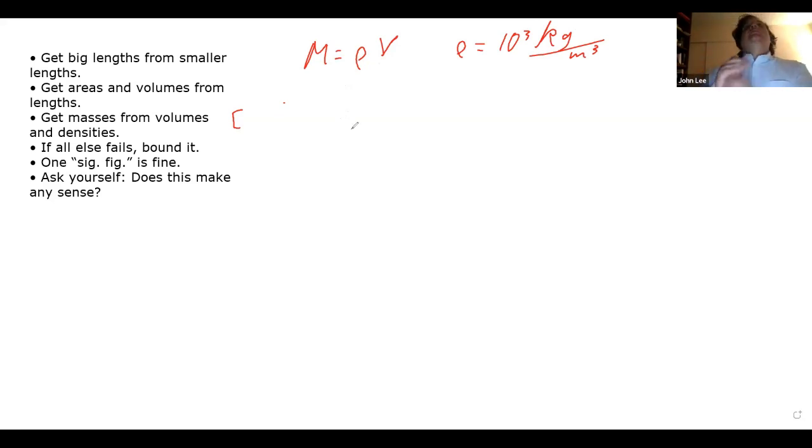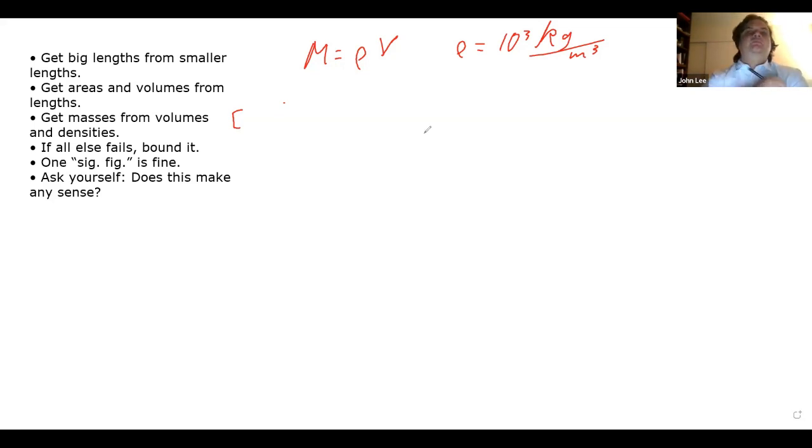What this means is that we just need to get the volume in order to get the mass. So we're doing estimations, and we're just trying to get the right order of magnitude, basically. So we assume the entire Earth is covered in water, because about 2/3 of it is. So that difference isn't going to make much of a difference.